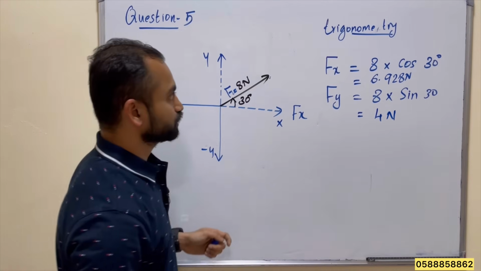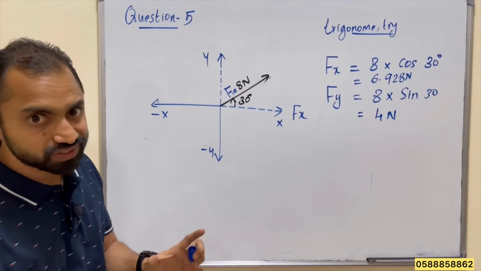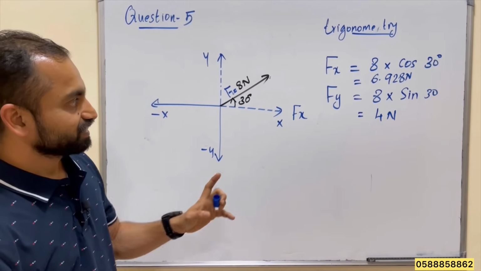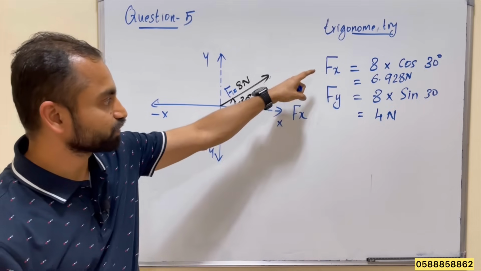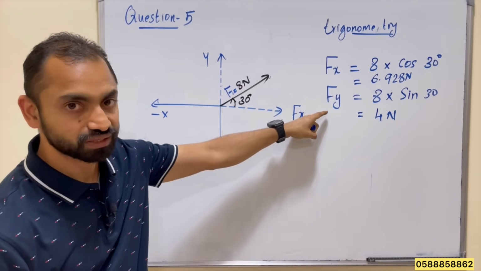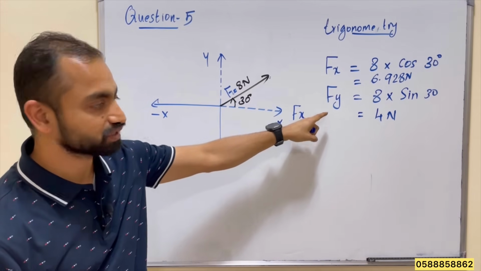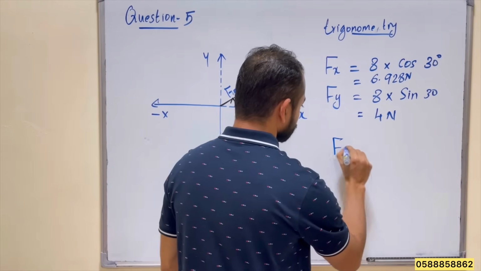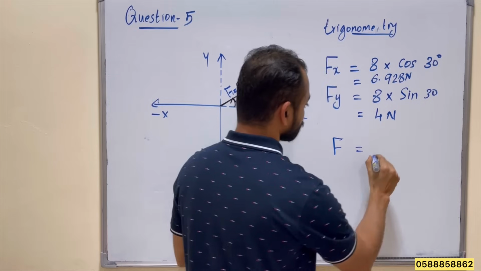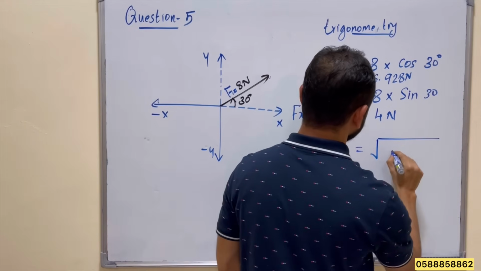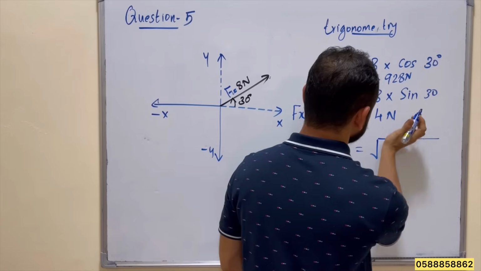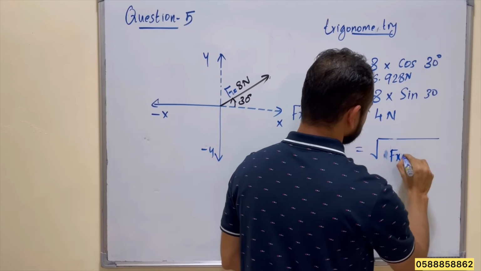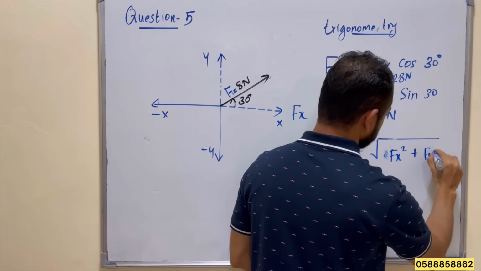So now we know Fx and Fy, right? We will check. If we find the resultant of the x component and y component, we should get 8 Newton. Using the Pythagorean theorem, square root of Fx squared plus Fy squared.